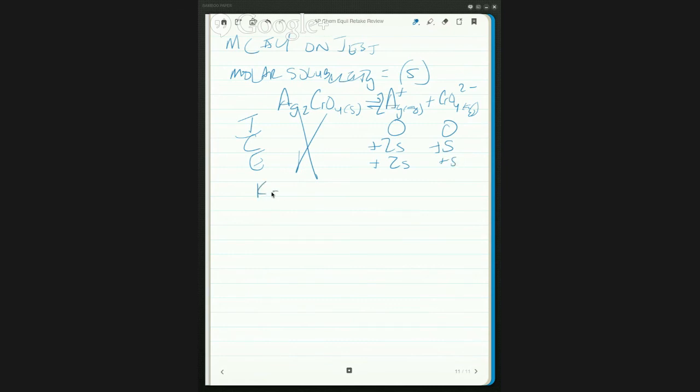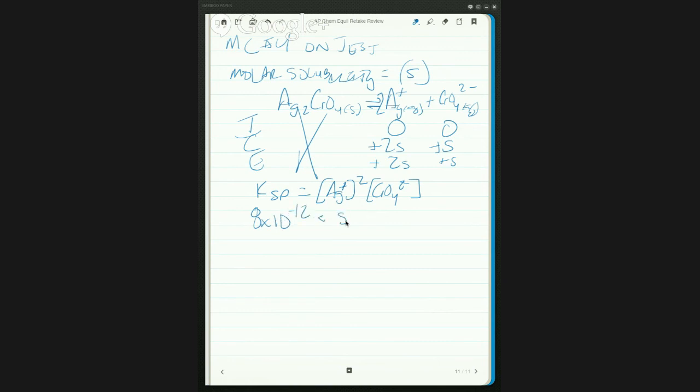So K, which is the solubility product, is equal to the concentration of Ag+ squared, because there's 2 of them, times CrO4 2-. And the Ksp, we are told, is 8 times 10 to the negative 12th.